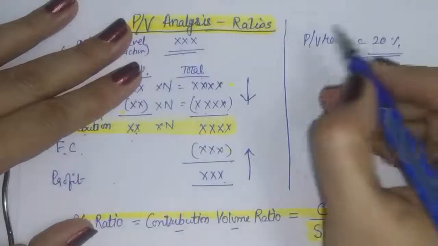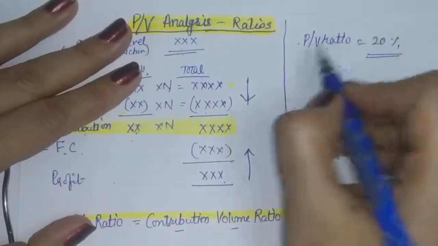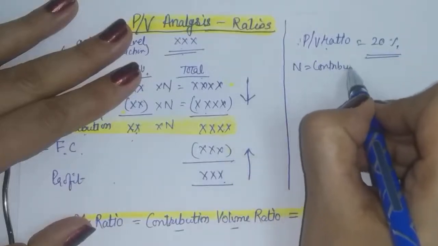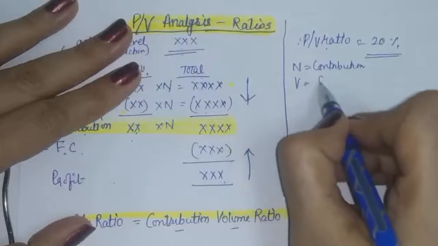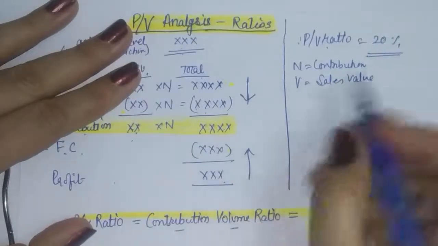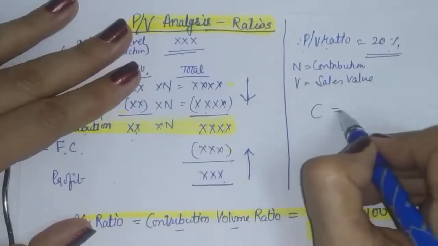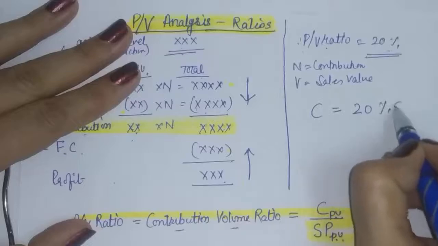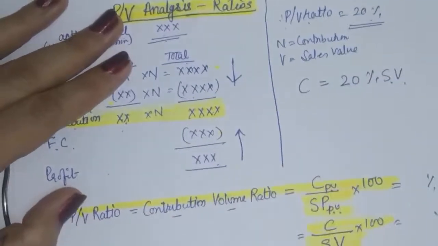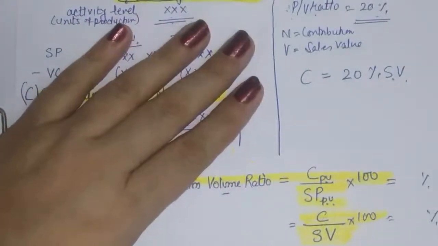It gives the value of the numerator with reference to the denominator. Here the numerator is P, that is contribution, and the denominator is V, that is sales value. So PV ratio of 20% implies that contribution is going to be 20% of sales value. So 100 rupees of sale is going to give you a contribution of 20 rupees. This is how we read the ratio.